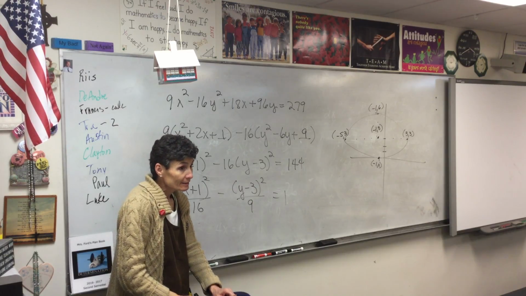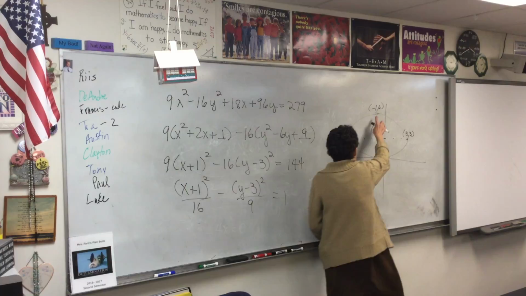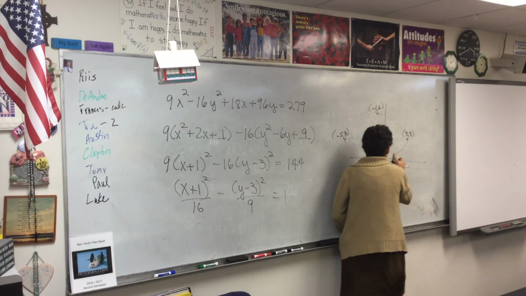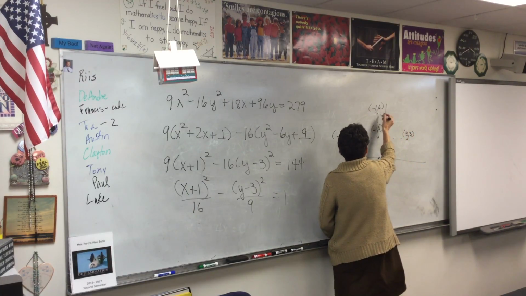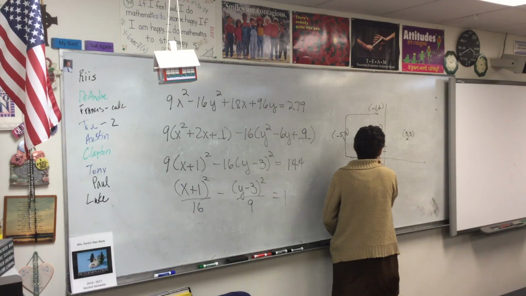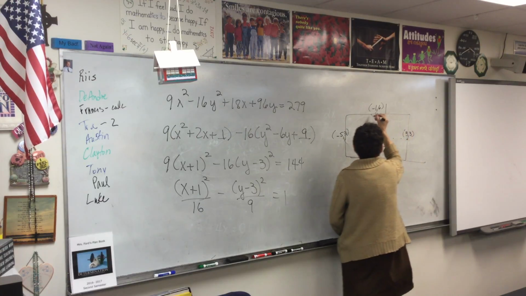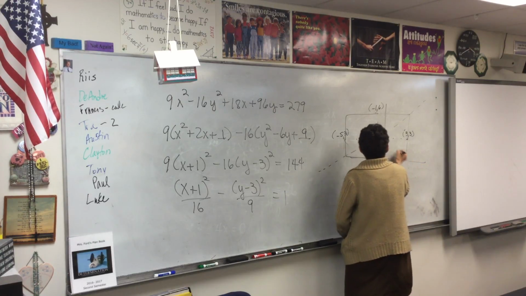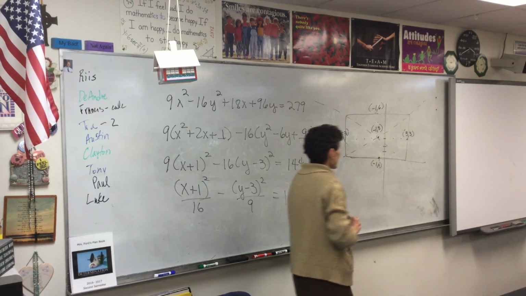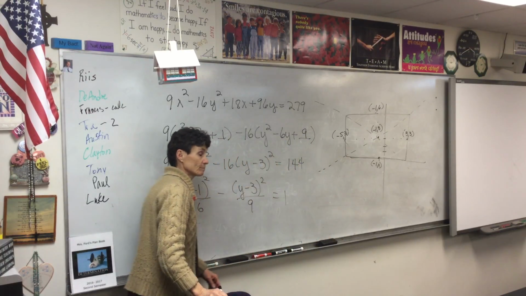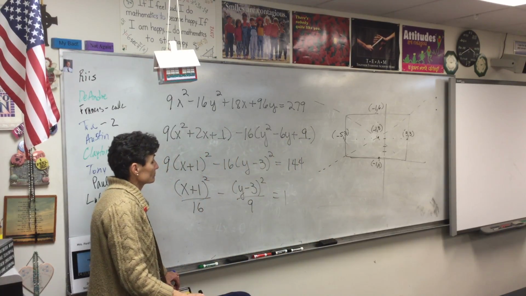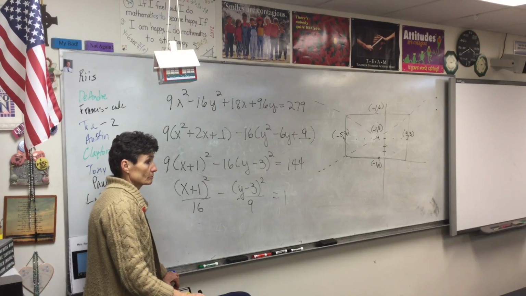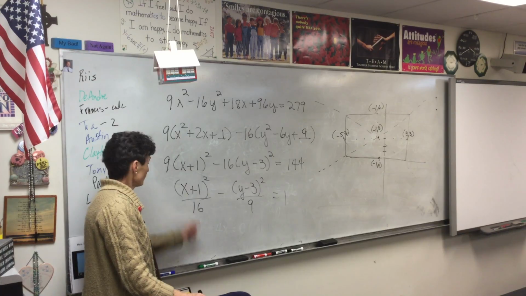It's not in the mix. So I don't want to do that. What do I want to do? I need to make a box and draw in my asymptotes. Now I'm going to draw my curve. Which way is it going?